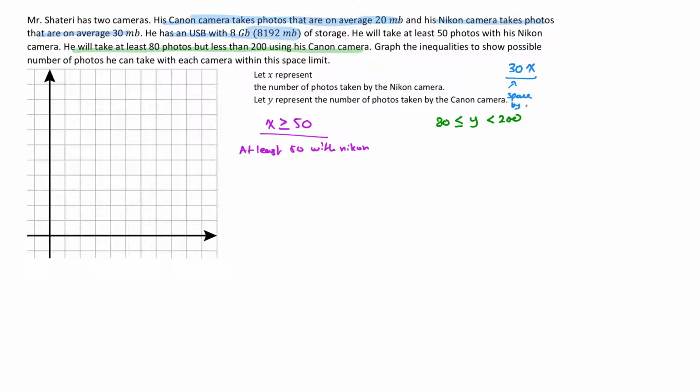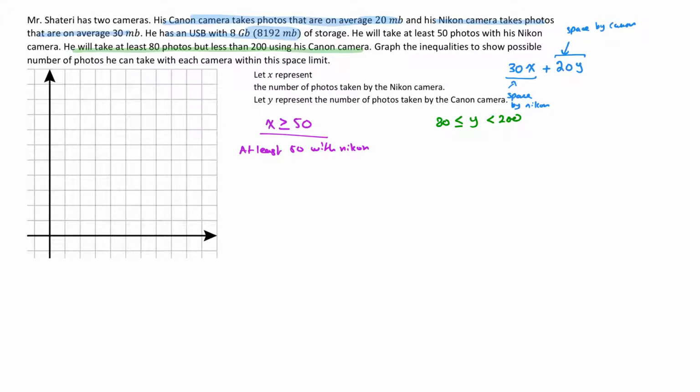by Nikon, plus the amount of photo space that he takes from the Canon camera. Each one is 20 megabytes multiplied by Y, because Y is the number of photos being taken by the Canon. So this is space by Canon.